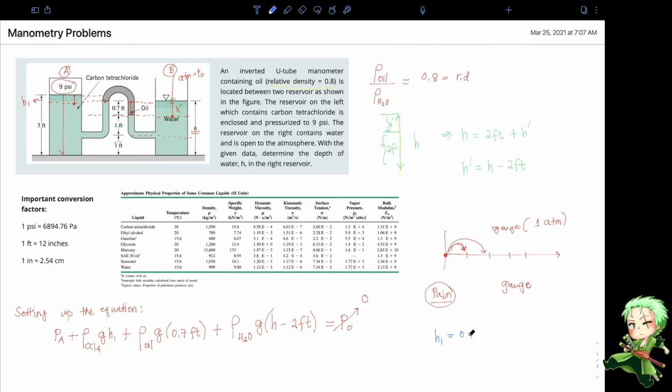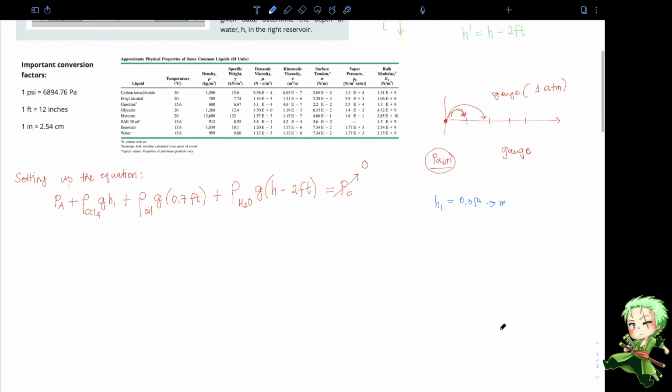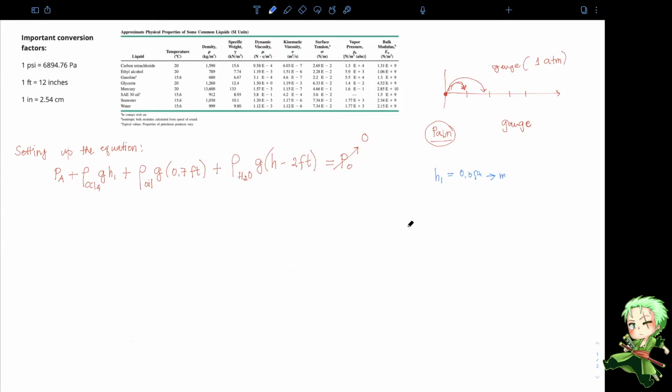So 0.3 feet, you have to convert this into meters. I don't have to show everything, but I will show it for the case of H1. The same process anyway. So 0.3 feet, you multiply it by a conversion factor: in 1 feet you have 12 inches, and in 1 inch you have 2.54 centimeters. I think this is also given in the problem as a conversion factor.